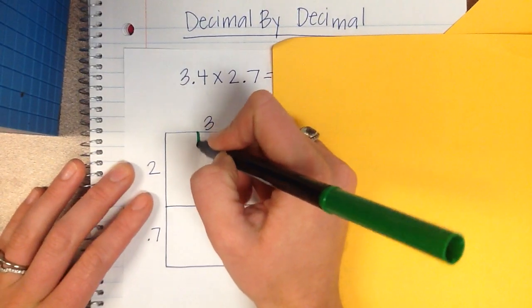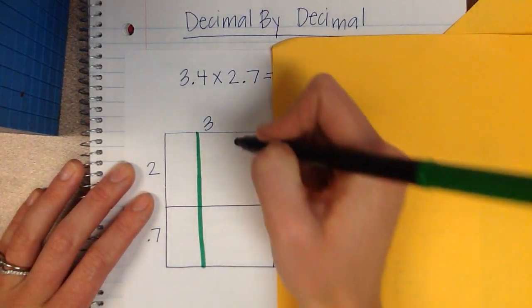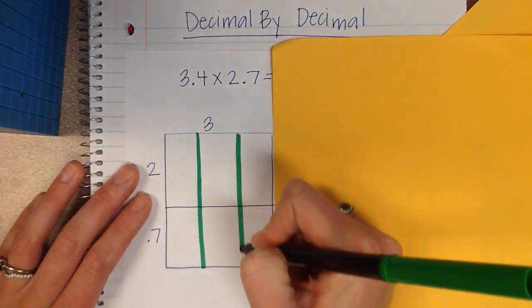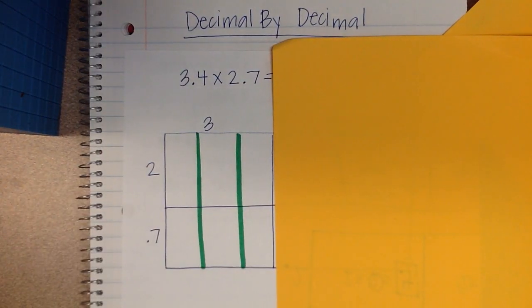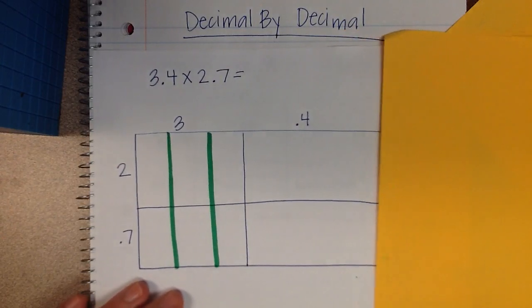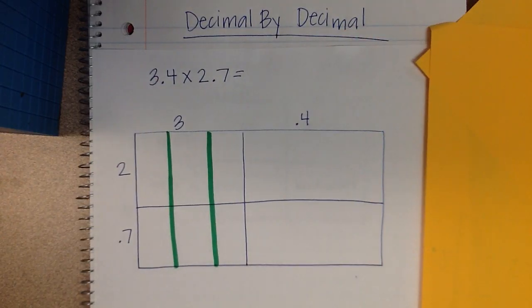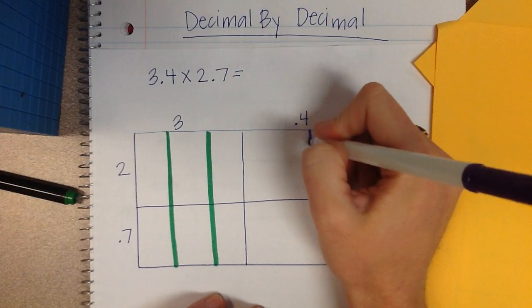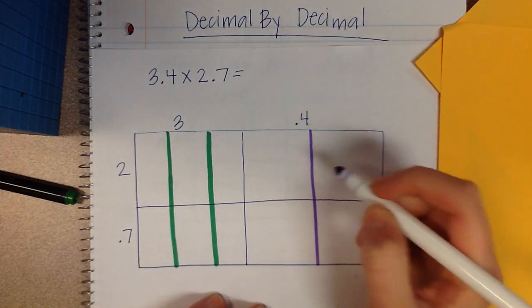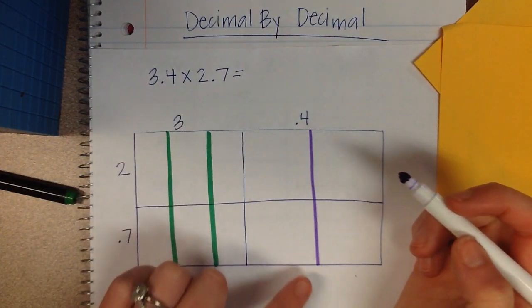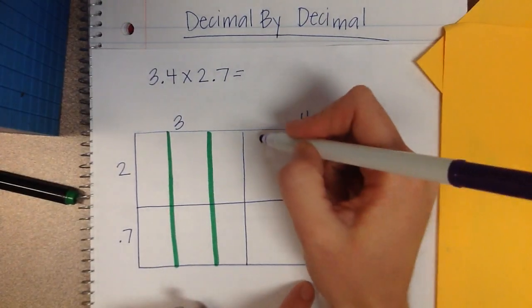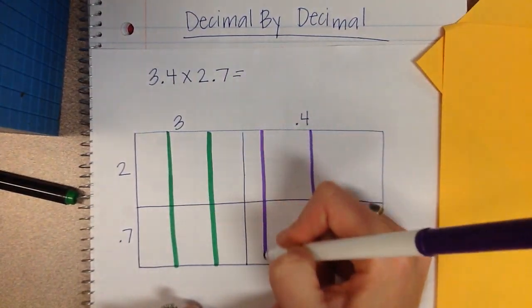So I'm going to go all the way down, all the way down. Now I'm going to focus on the 4. Well, the value of that 4 is a tenth. It's 4/10. So what I need to do is I need to break this into tenths. So what I'm going to do is I'm going to draw a line, and that's going to be my halfway mark.